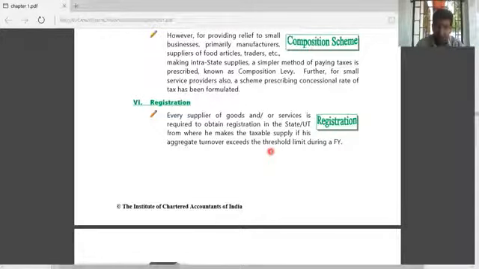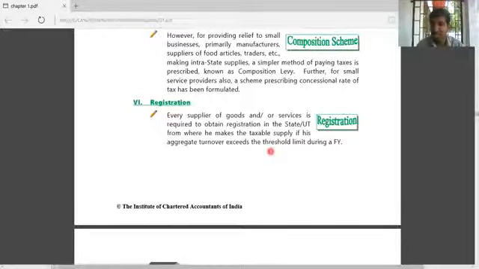The businessmen without GST registration collect the tax from the people and put it in their own pocket. They won't remit it to the government. So they do fraudulent activities in the name of the government. In order to streamline this situation, the government has come up with the rule that only people who have registered with the GST department will be getting a GST registration number.